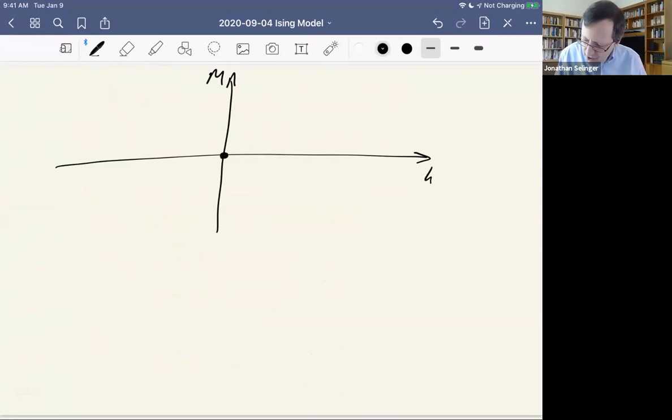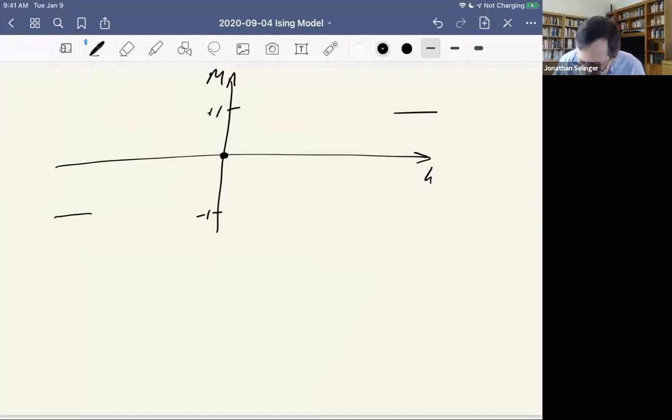When h is really big, m has to be plus 1. And when h is really small, m has to be negative 1. So in between, we have to connect up these points. And so the question is, how do we connect them up?